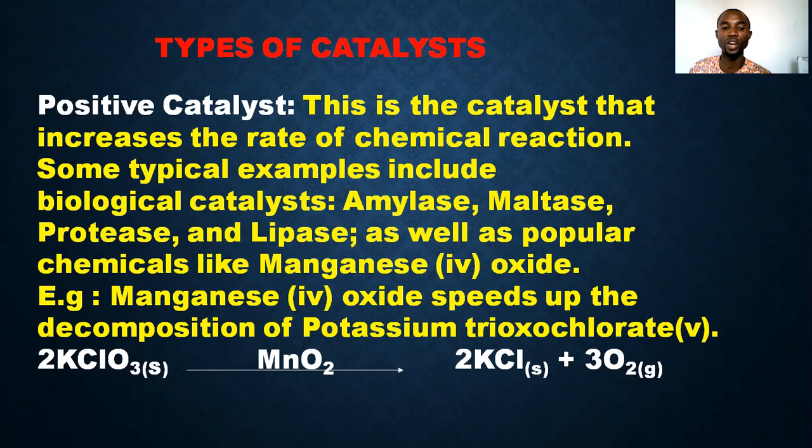You can see the equation on your screen, where manganese 4-oxide is used as a catalyst to fasten the decomposition of potassium trioxochlorate 5 to produce potassium chloride, and oxygen gas is also given off. That is a reaction of a positive catalyst. It increases the rate of chemical reaction, making the reaction occur faster than it would ordinarily.